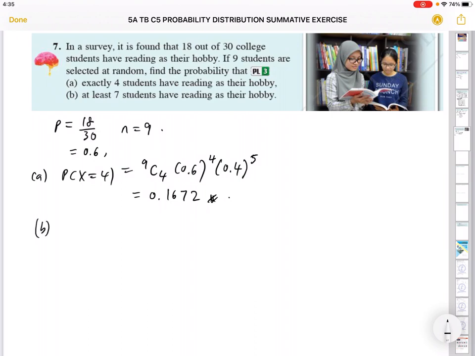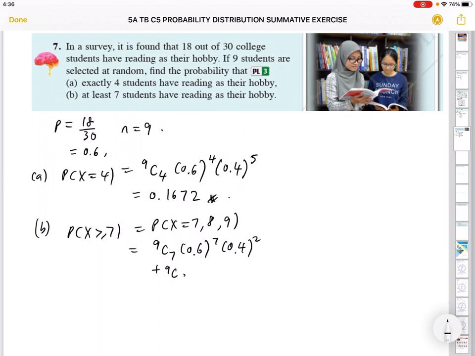So at least 7 means we are talking about 7, 8, or 9. So 7 will be 9 choose 7, 0.6 power 7, Q is 0.4 power 9 minus 7, which is 2. Then 9 choose 8. This will be power 8. This will be power 1.